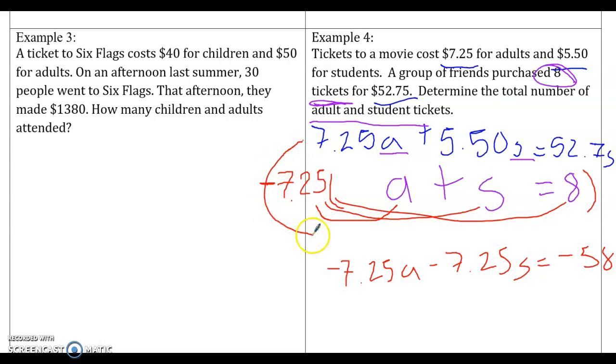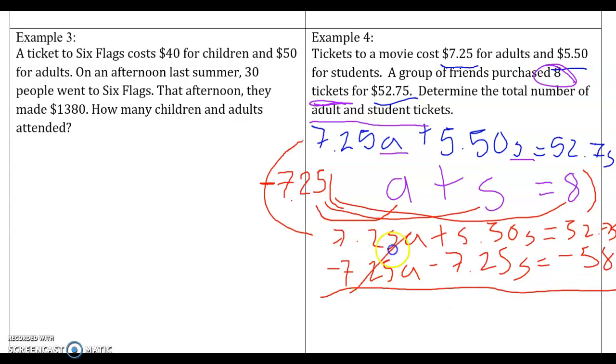Rewrite the first equation right on top and combine my like terms. The A's go away, because when you add them, it's 0. 5.50S minus 7.25S would be negative 1.75S.